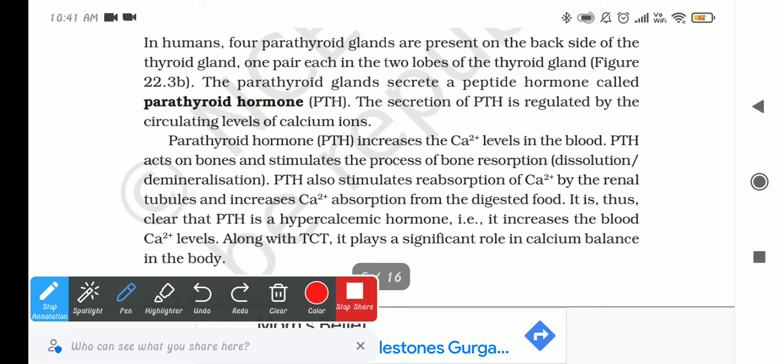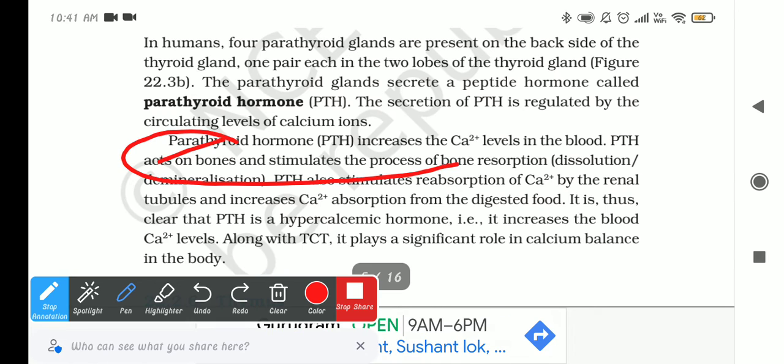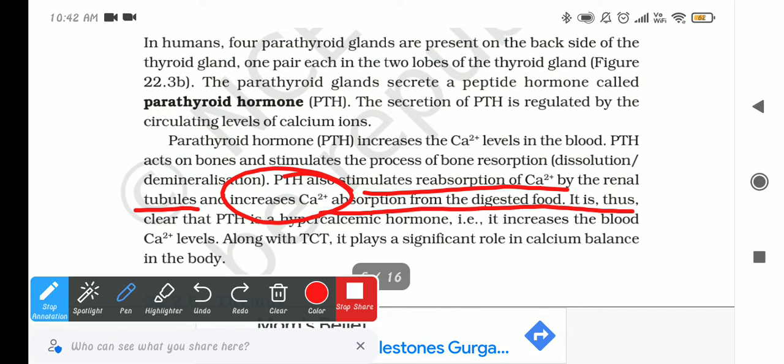The parathyroid hormone increases the calcium levels in the body. PTH acts on the bones and stimulates the process of bone resorption, demineralization, and so on. PTH also stimulates the reabsorption of calcium by the renal tubules and increases calcium absorption from the digestive system.